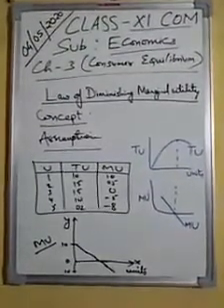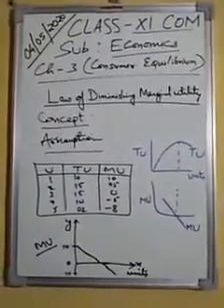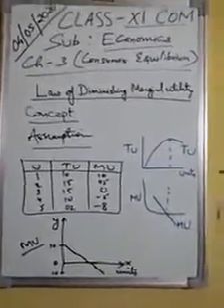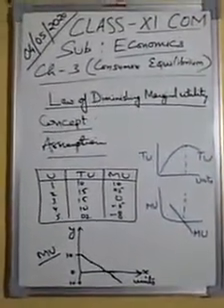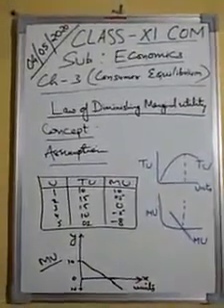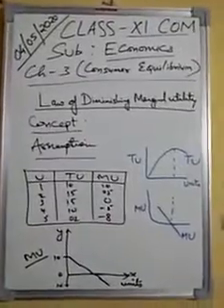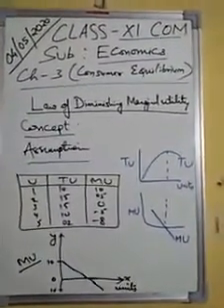Second, independent utility. Third, same quality. The goods which he or she is consuming should be of the same quality. It should not differ in quality or texture. Fourth, standard quantity. The amount of quantity should not vary. It should be fixed and standard.